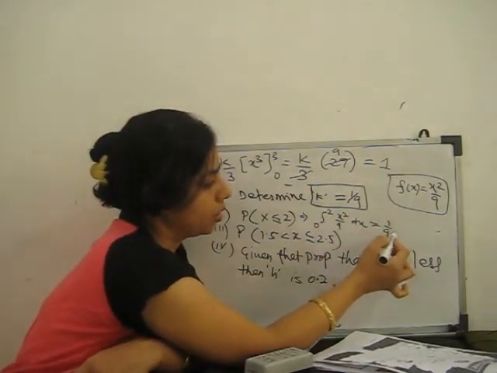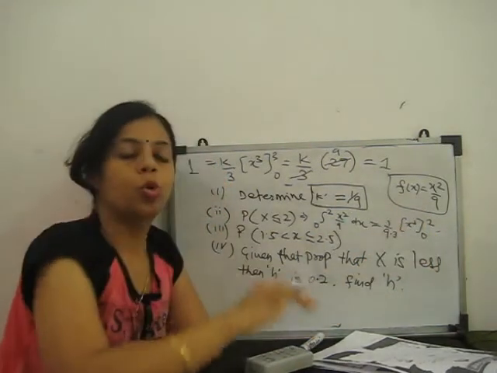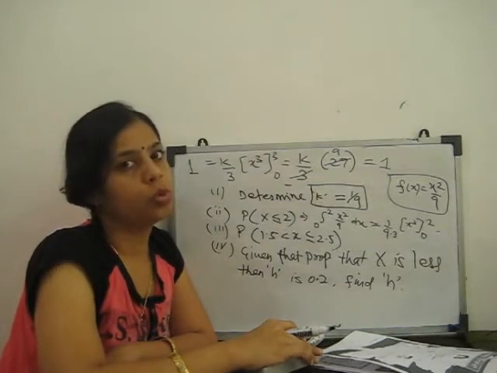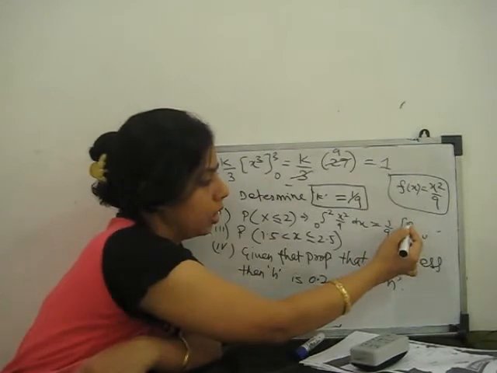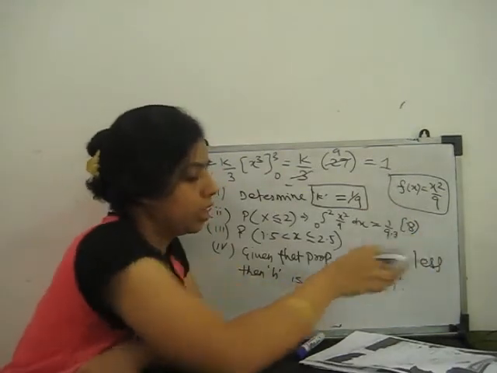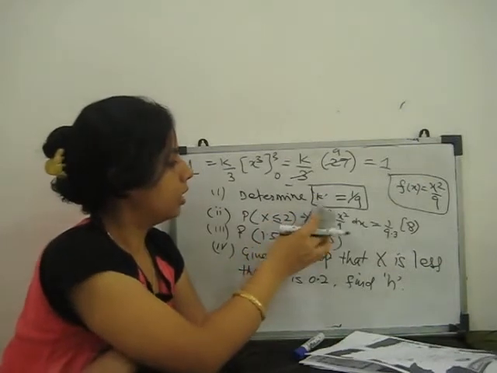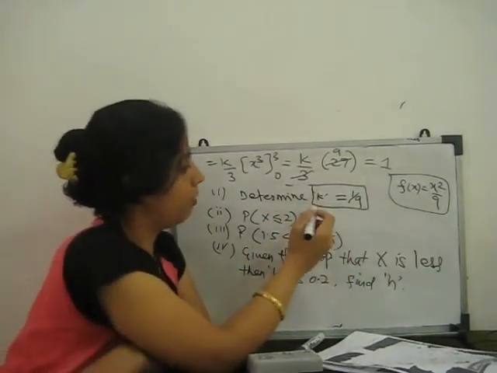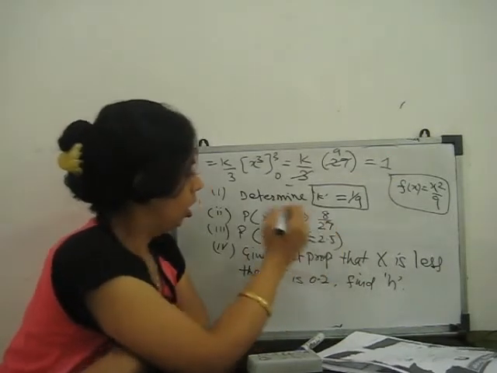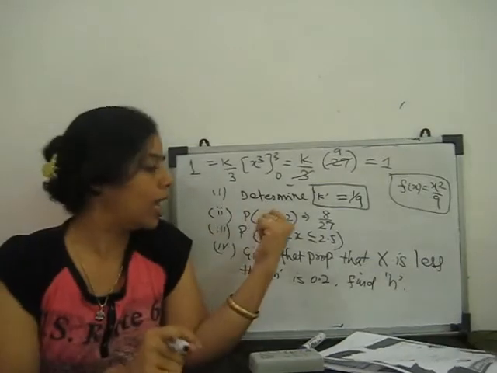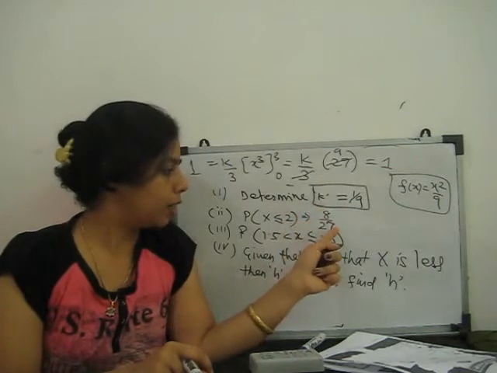So x cube by 3, I am writing outside, with limit 0 to 2. 2 times 2 times 2 is 8. So the value is 8 by 27. So the probability that x is less than 2 is 8 by 27.